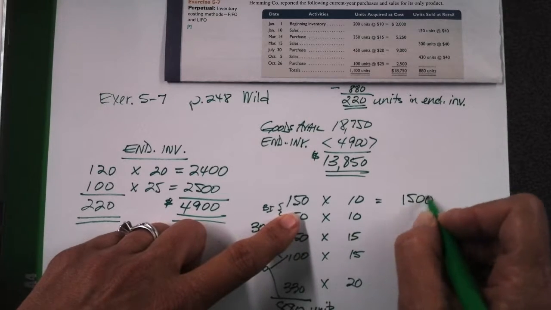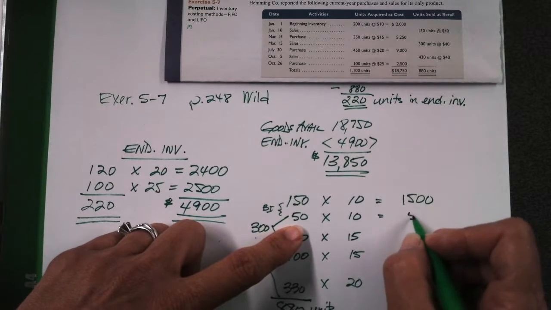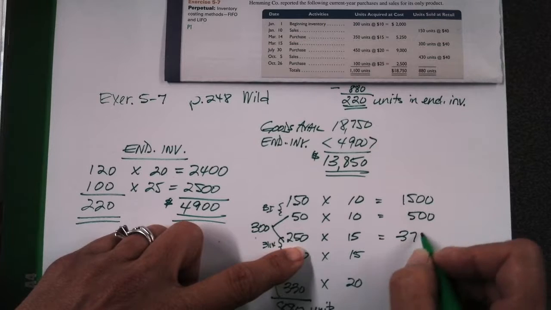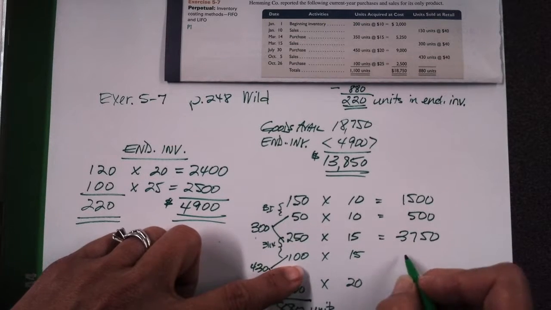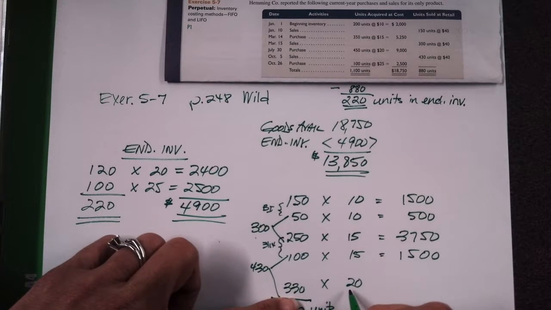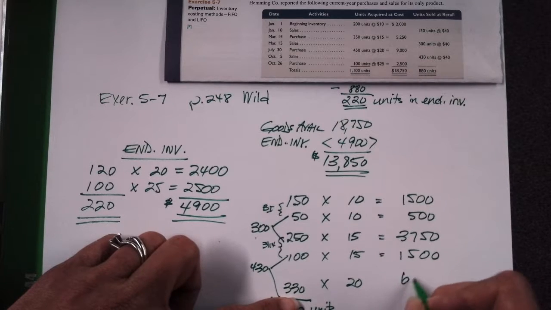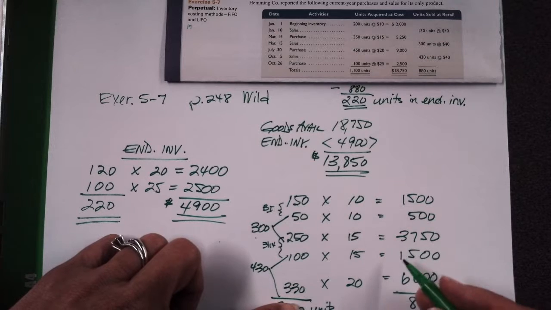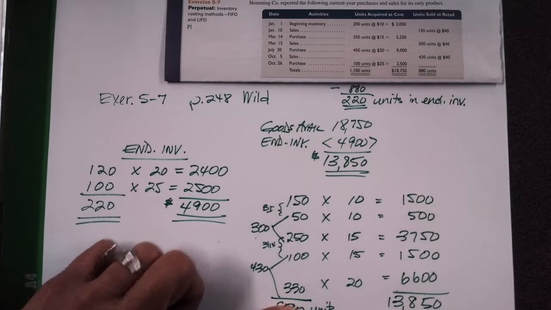Okay, 1,500, 2,500 plus 1,250, 3,750, 1,500, and 6,600. Yep, sure enough, it works out.